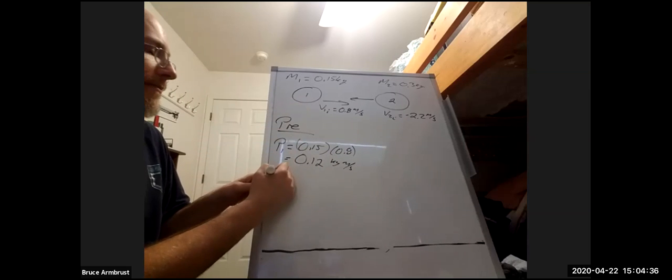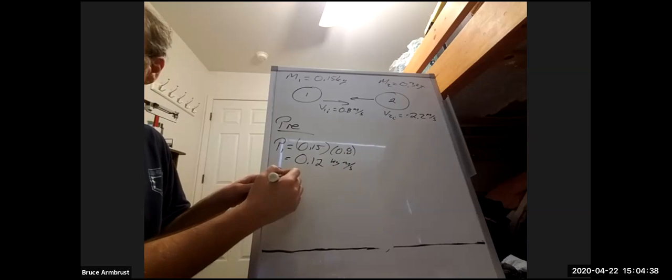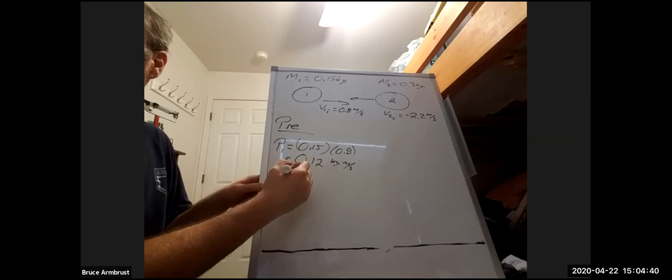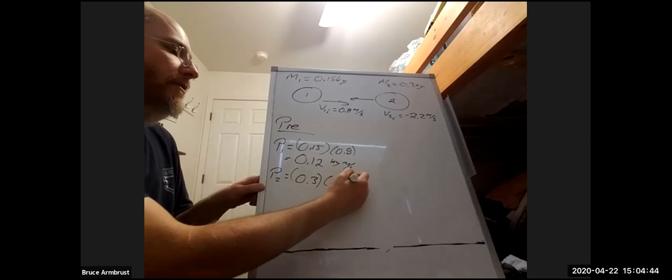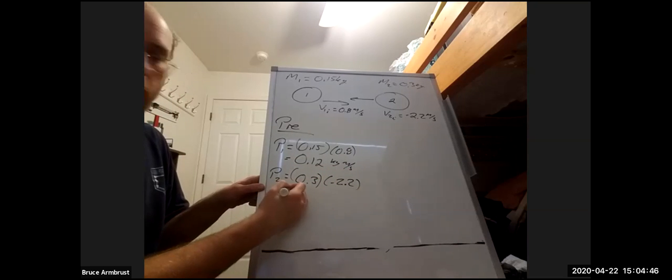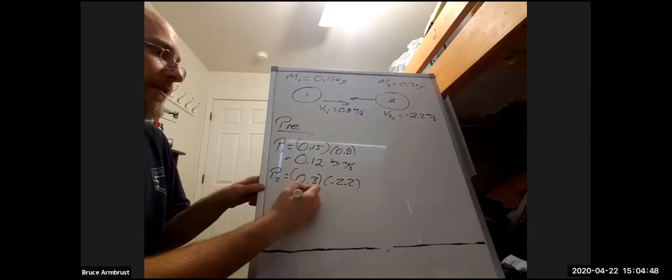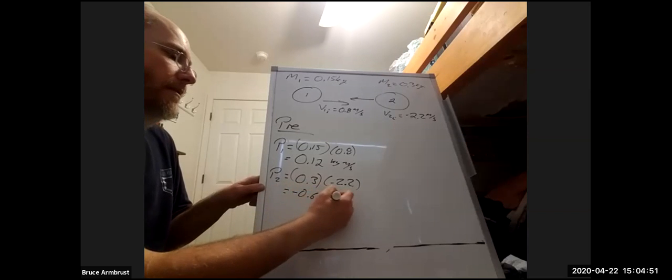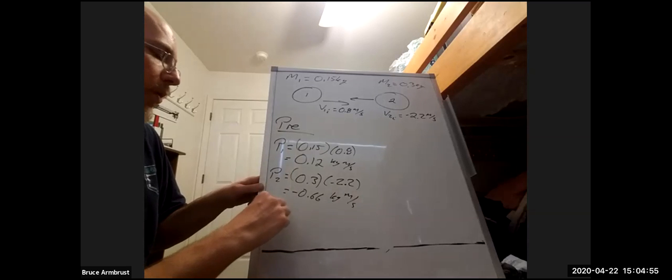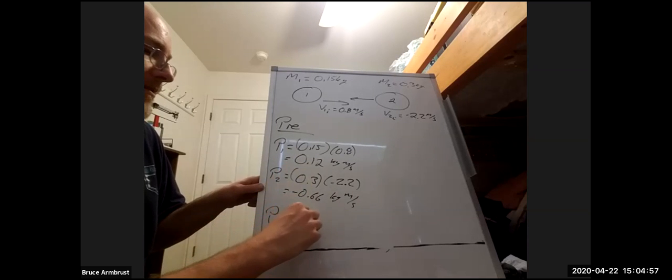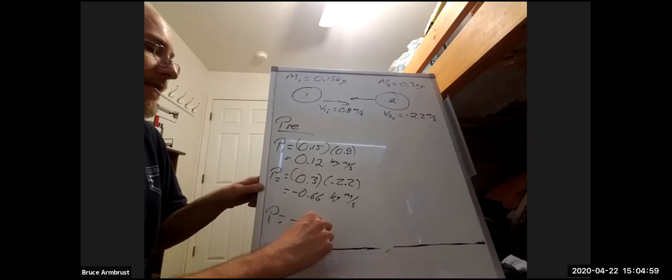And then momentum for the second ball is going to be 0.3 times negative 2.2, which is negative 0.66 kilogram meters per second. So what I know then is the total momentum is the sum of these, which is negative 0.54.